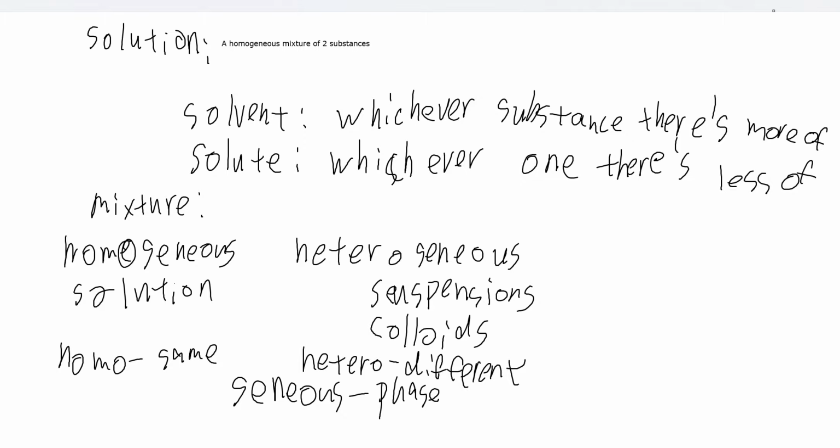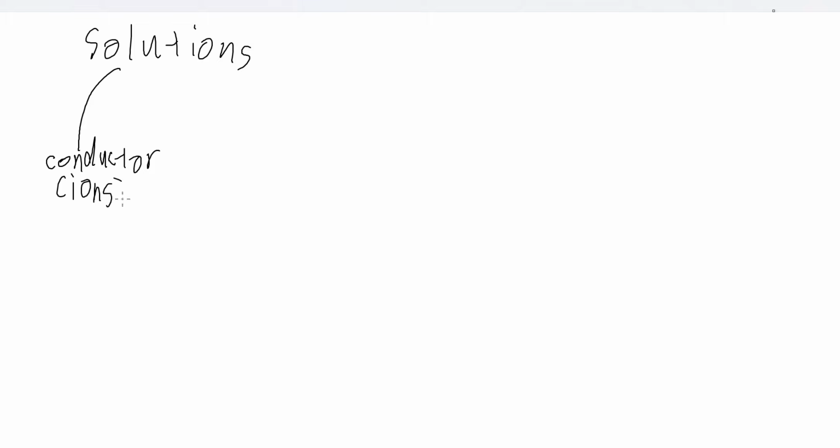Now, there are some interesting properties that come up with solutions. I'm gonna erase everything here. So, solutions have some very interesting properties. For one, they can usually conduct electricity, though not always, because that requires ions.